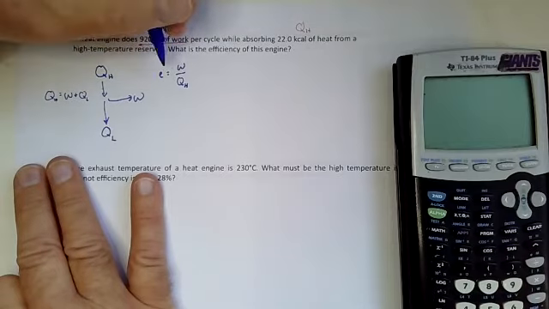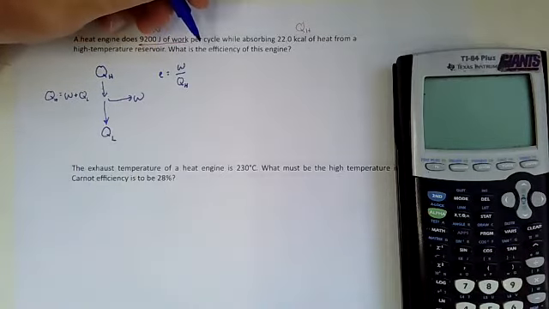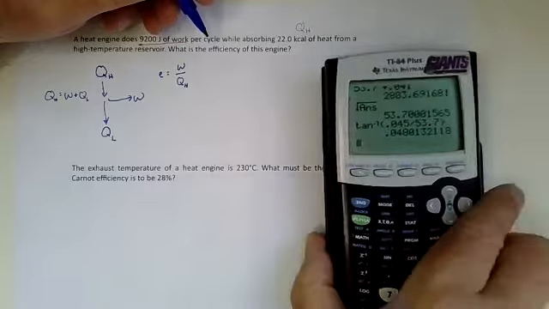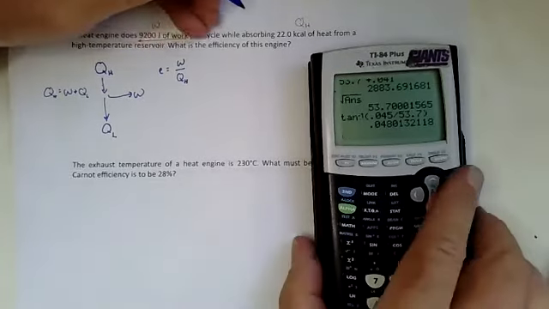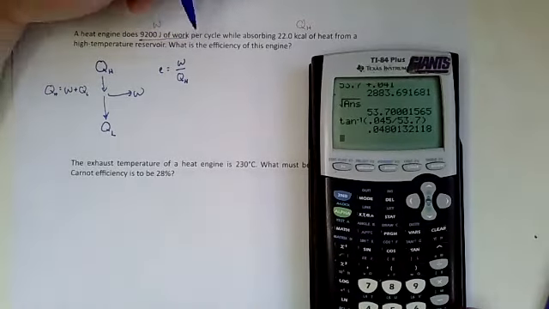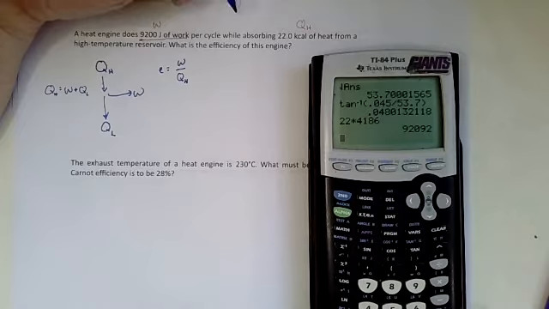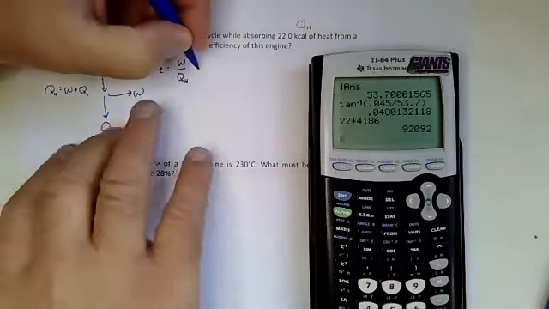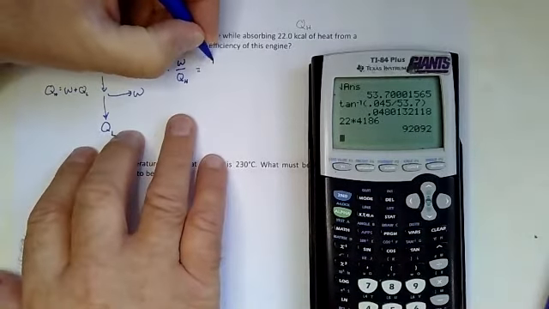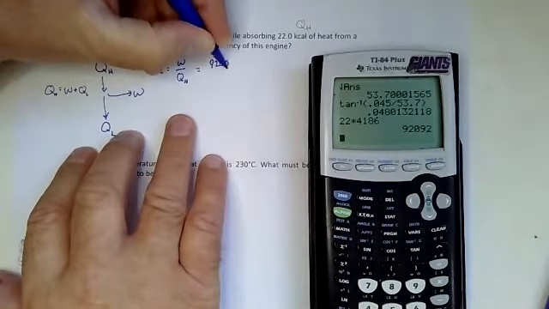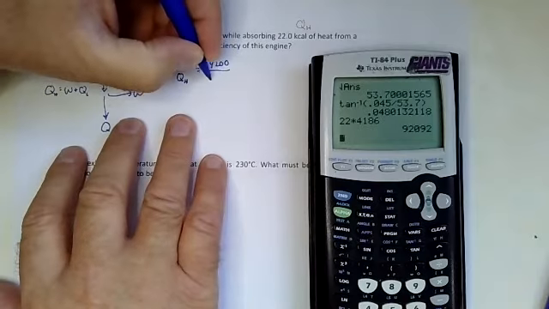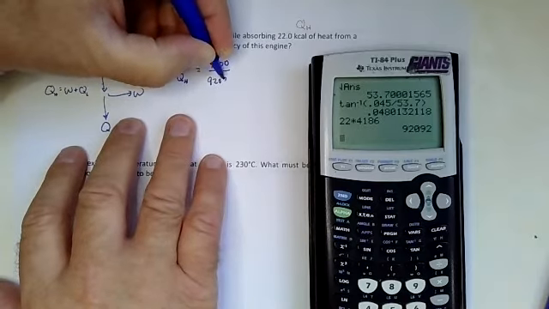So the work done is 9,200. Let's convert kilocalories into joules. So 22 kcals, and we'll multiply by 4,186. Okay. So that means that I'm going to have 9,200 over 92,092.